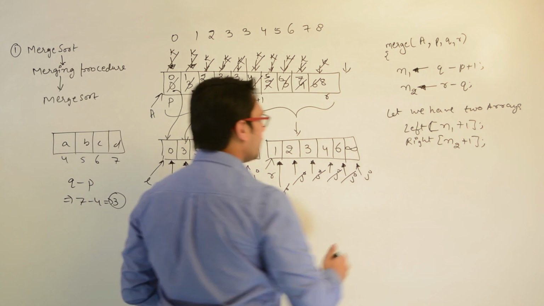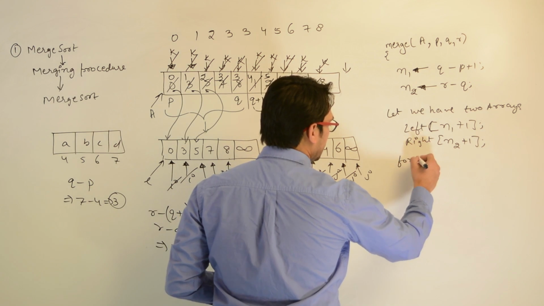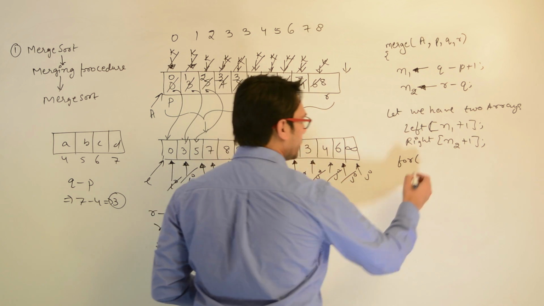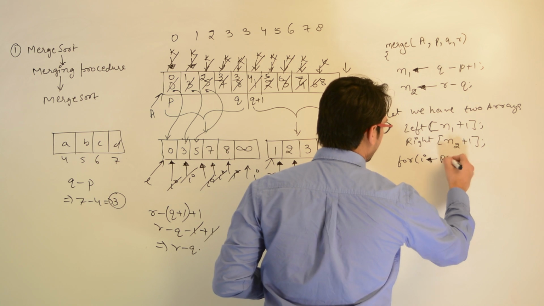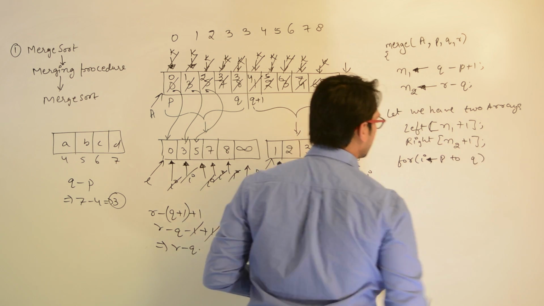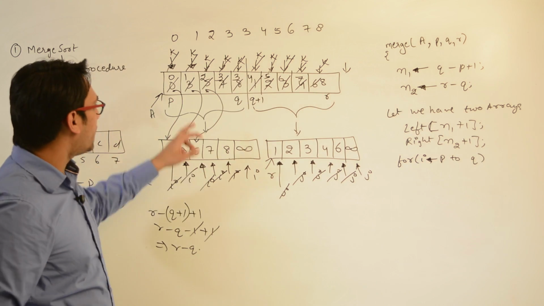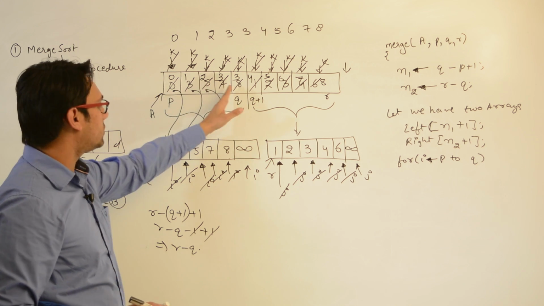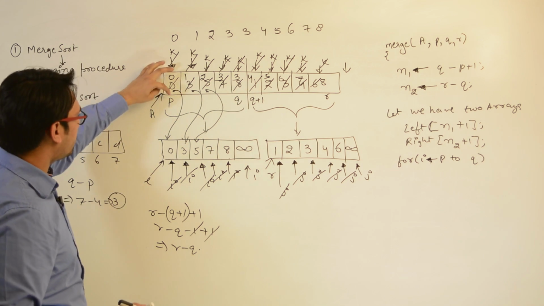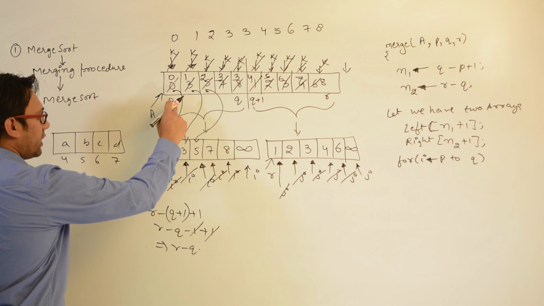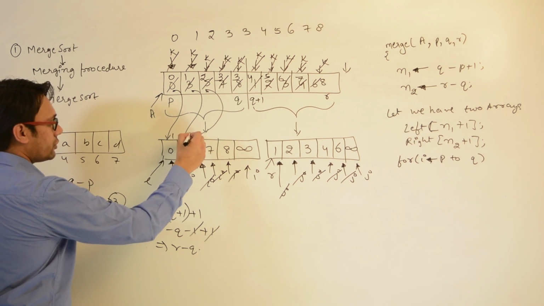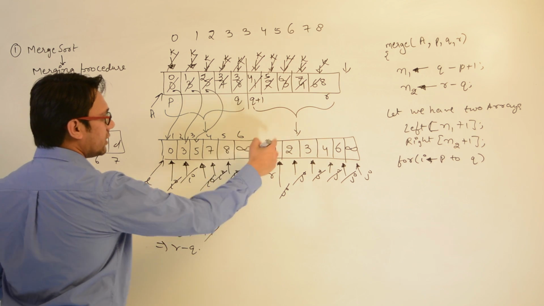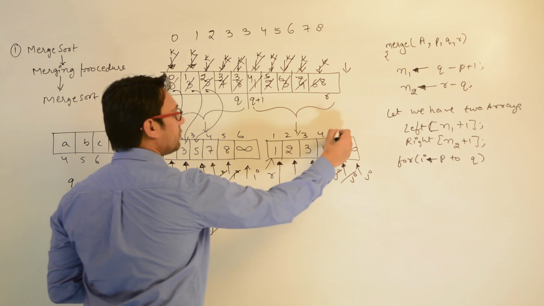Just see, let us suppose we have two variables I and j. So for I is equal to P to Q. That means there will be a variable I which runs from this to this, and if we have the index location P, then we have to copy this index location P into this array, which will be having index locations 1, 2, 3, 4, 5, 6.